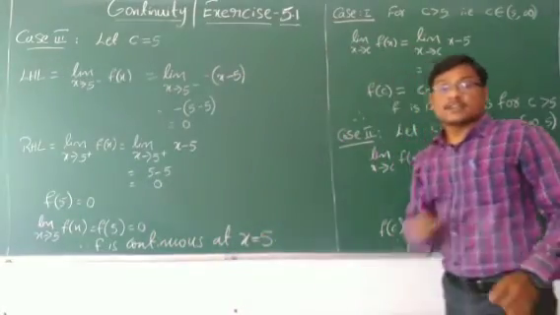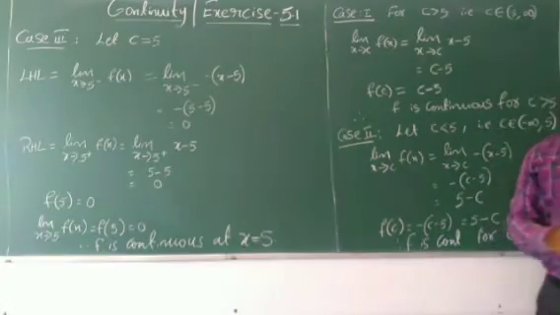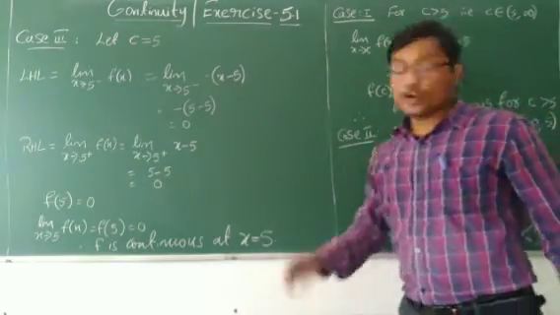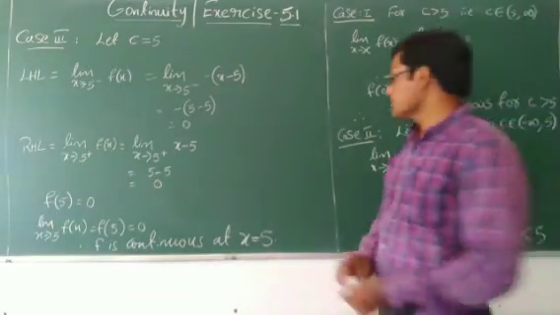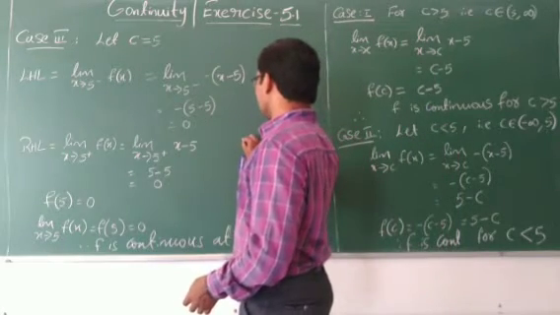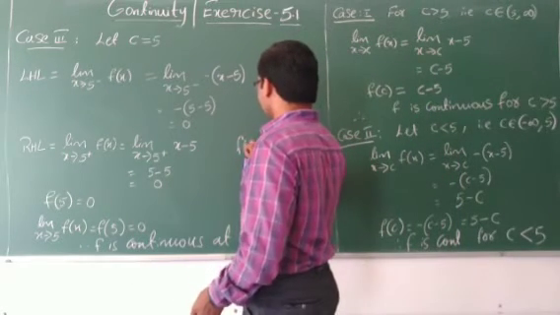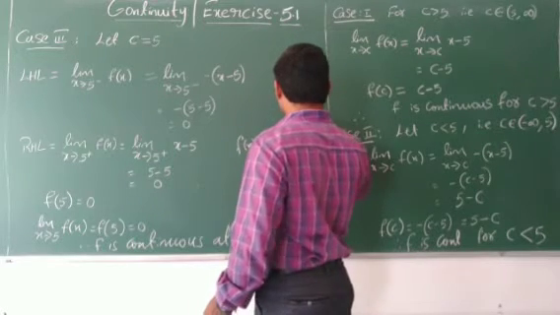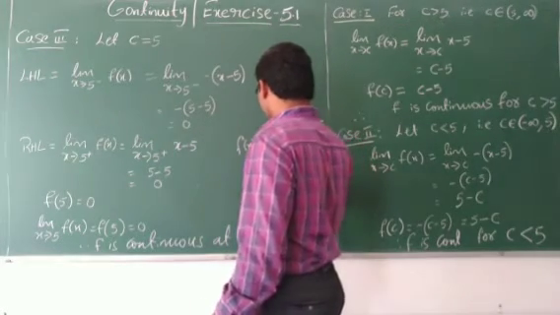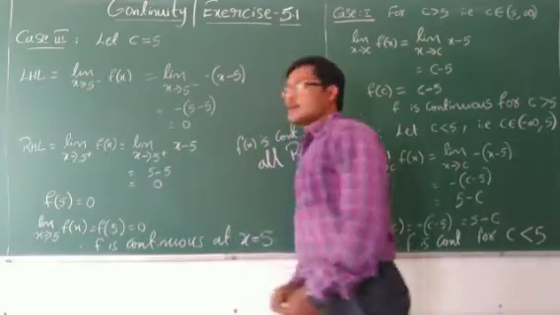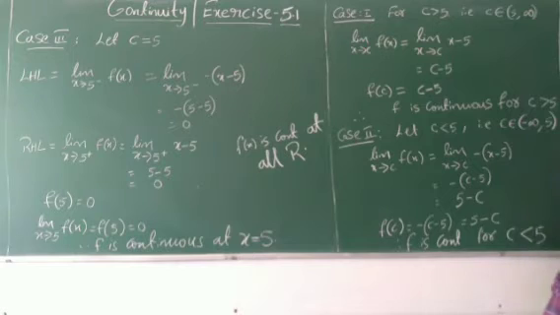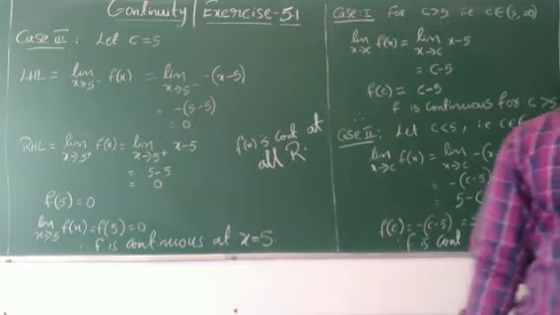That means you take any real number, it is continuous. Therefore, the conclusion is f of x is continuous for all real numbers. You can write this down.